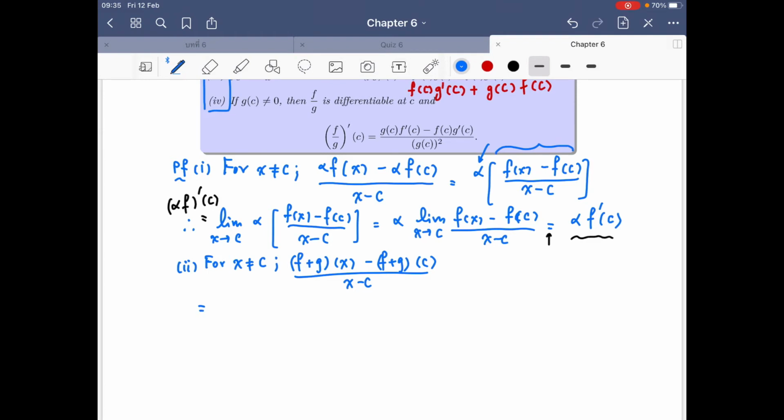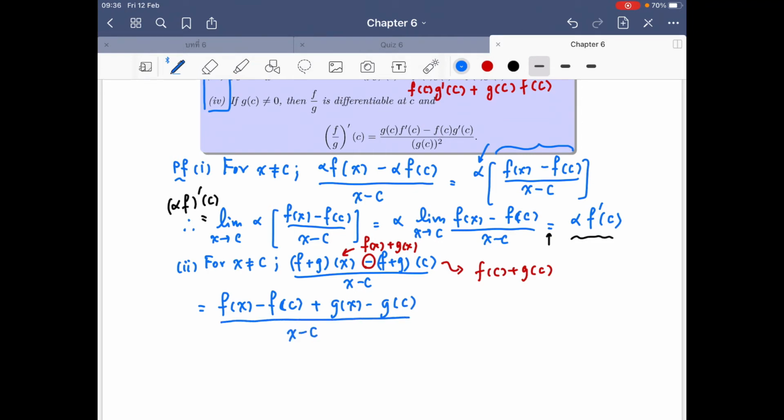This one is f of x plus g of x, and this one is f of c plus g of c. But don't forget that we have this negative sign here. So let me regroup the f together: f of x minus f of c, and then g of x minus g of c, over one fraction x minus c.